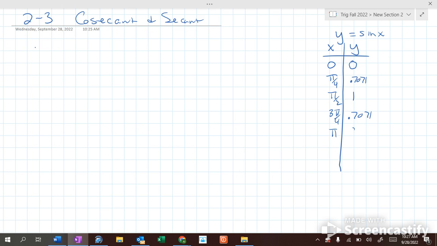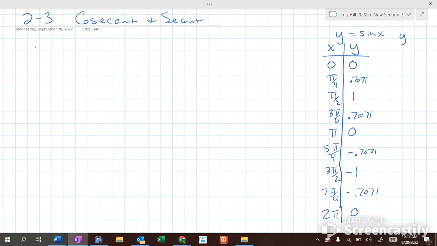Pi, 0. 5 pi over 4, negative 0.7071. And then 3 pi over 2, negative 1, 7 pi over 4, negative 0.7071, and then 2 pi, we're back to 0.